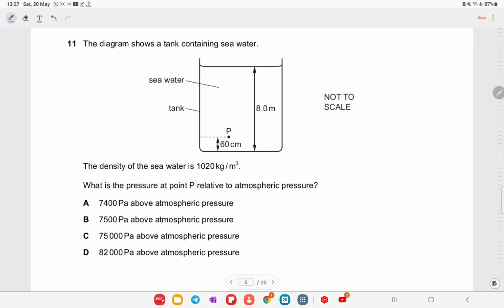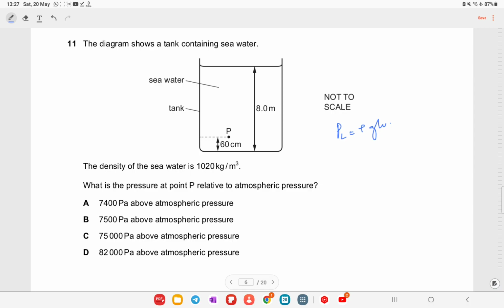So we know that the formula for pressure in liquids is equal to rho g h. Rho is the density, g is 10 meters per second squared, the acceleration due to gravity, and h is the height.